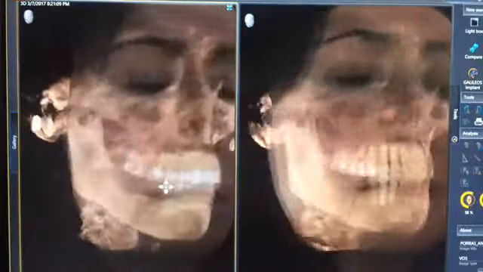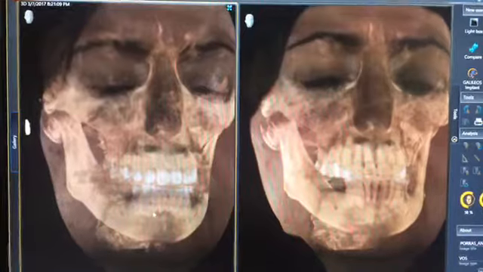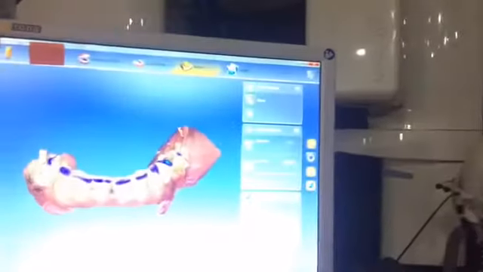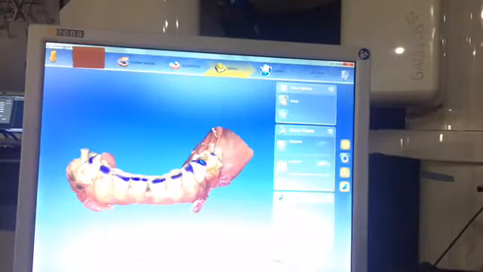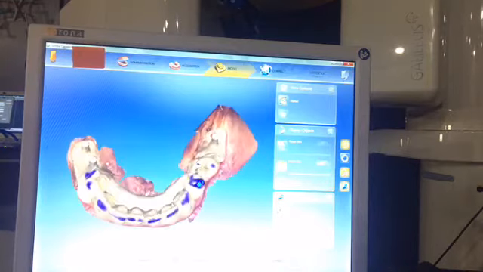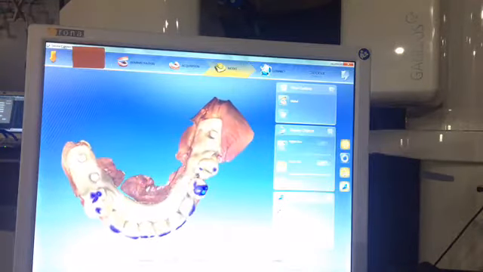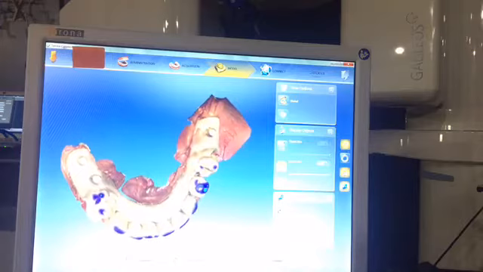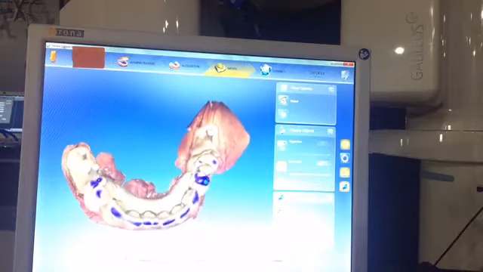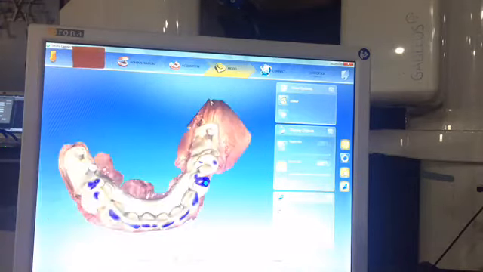In order to do that, we went to our in-lab software and designed a partial frame in the partial software, which we were able to use to transfer the bite.